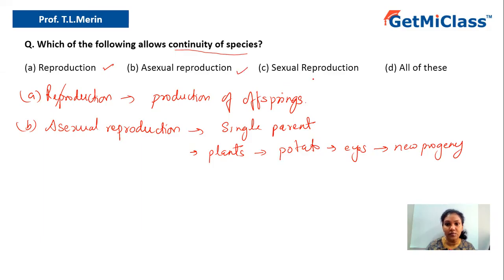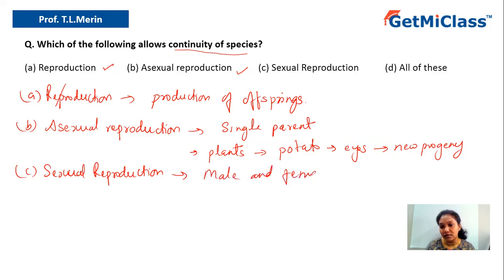Now, let us see option C. Option C is sexual reproduction. What do you mean by sexual reproduction? We already know what reproduction is. Sexual reproduction is a process where both the parents are involved, that is male and female.